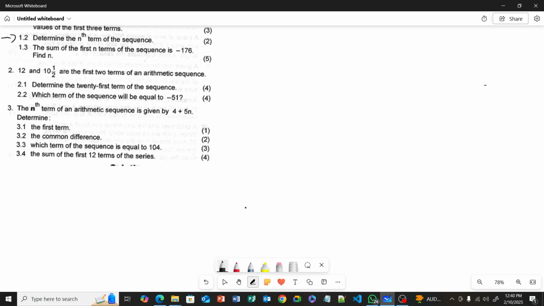Okay, looking at question 2, you have 12 and 10 and a half, which they are telling you specifically are the first two terms of an arithmetic sequence. So they are telling you that it's an arithmetic sequence, so enough information is given to you.